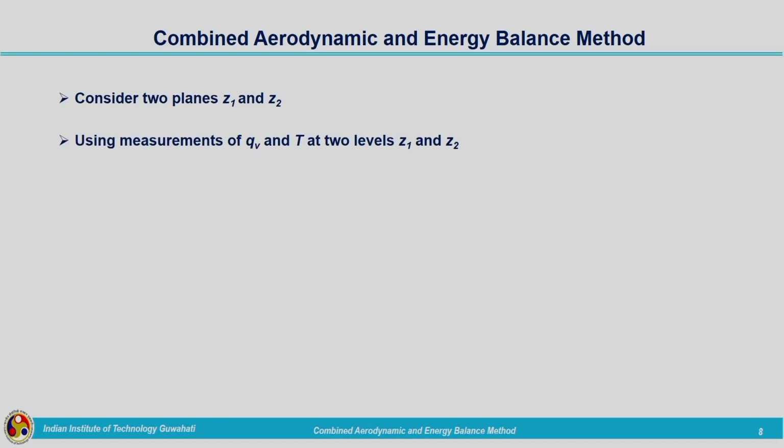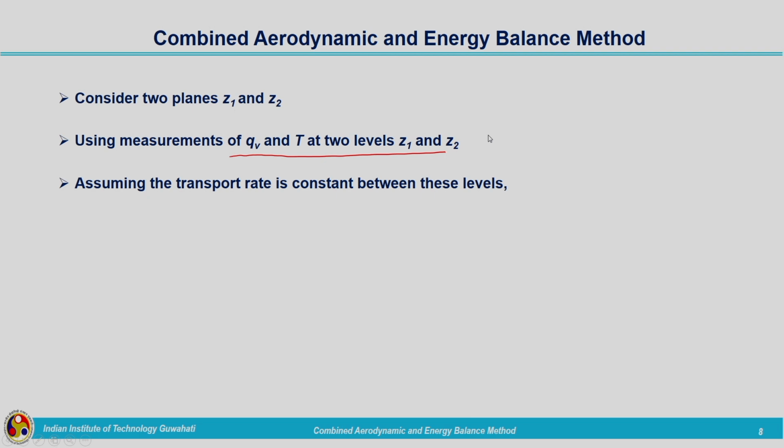Using the measurements of Qv and T at the two levels, Z1 and Z2, we can calculate the corresponding values. The distance between Z1 and Z2 is taken such that the transport rate is constant between the two levels, and we can assume that the temperature and specific humidity variations are linear.